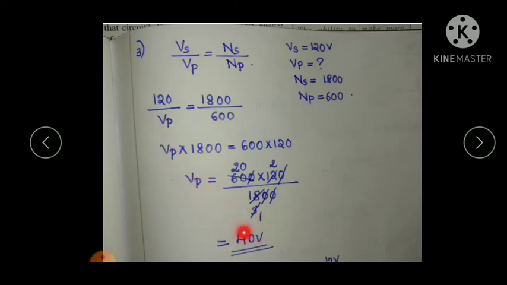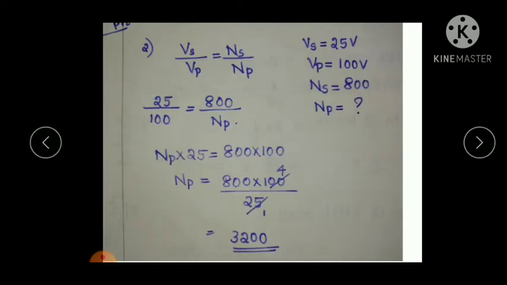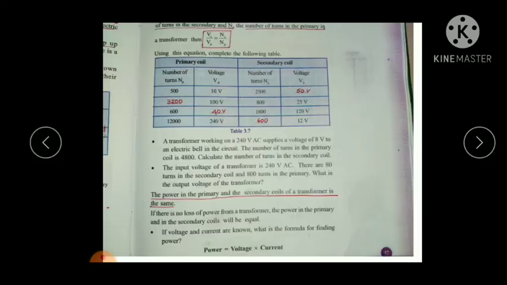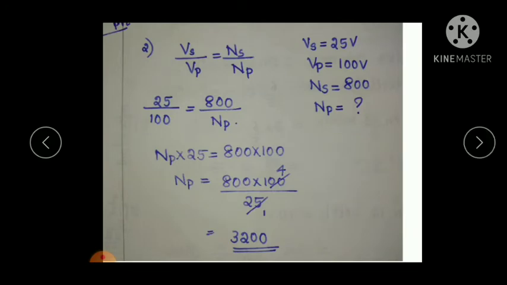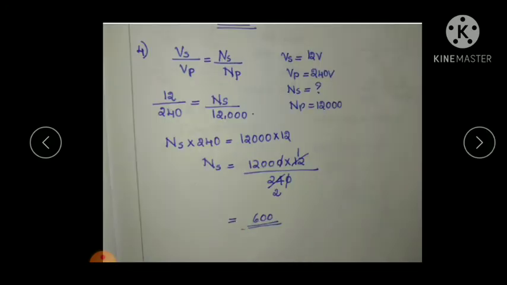Voltage in the primary is 40 volt. Then the fourth one, here Ns is not given, all other are given. In this case also we write the equation, write the given data, cross multiply, and you will get Ns as 600. The number of turns in the secondary is 600.